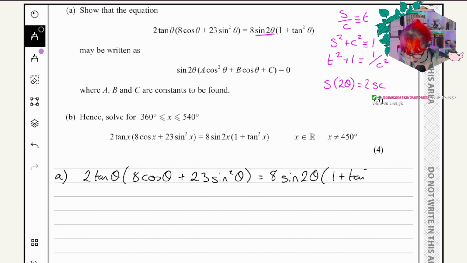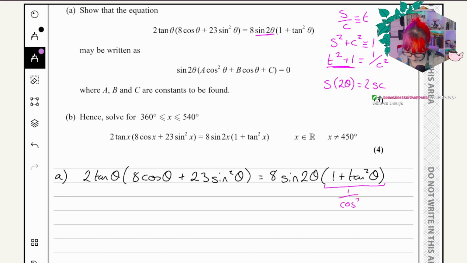So we have 2 tan theta, 8 cos theta plus 23 sine squared theta, equals 8 sine 2 theta over 1 plus tan squared theta. Okay. So immediately I'm seeing, well, I just had tan squared plus 1 over here, so I'm going to swap all of this with 1 over cos squared theta. And then I'm also going to swap this tan for sine theta over cos theta, because I think that will come in useful.